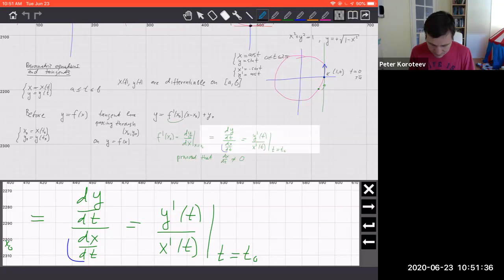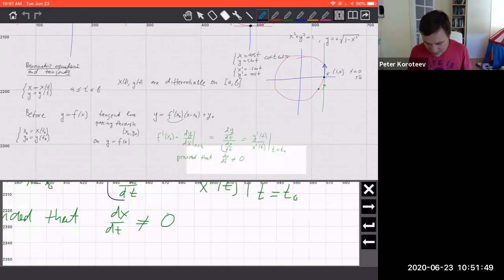Well, in this case, we can calculate the limits as t approaches that point, and then we know that when dx over dt is equal to 0, the tangent will be vertical. But in all other points, it should be okay, right?